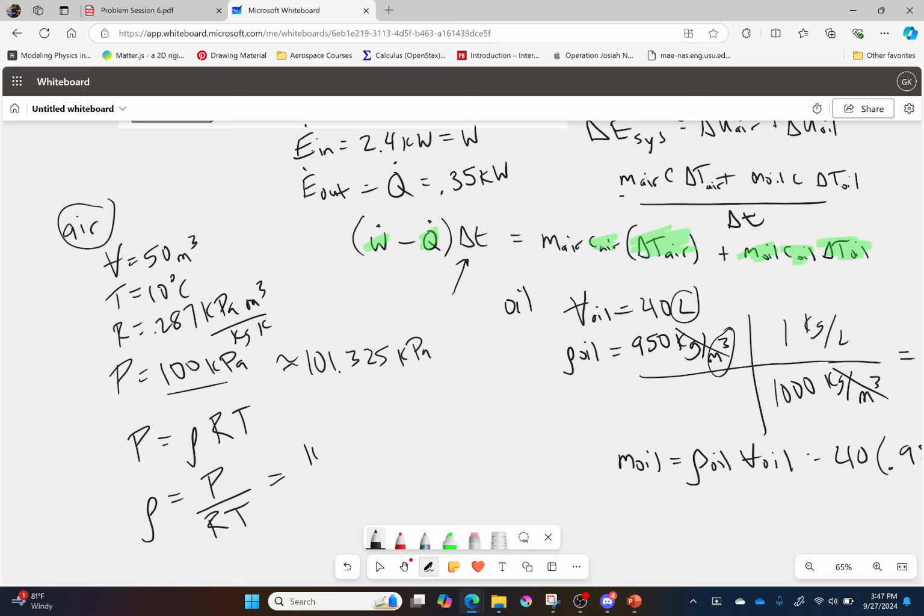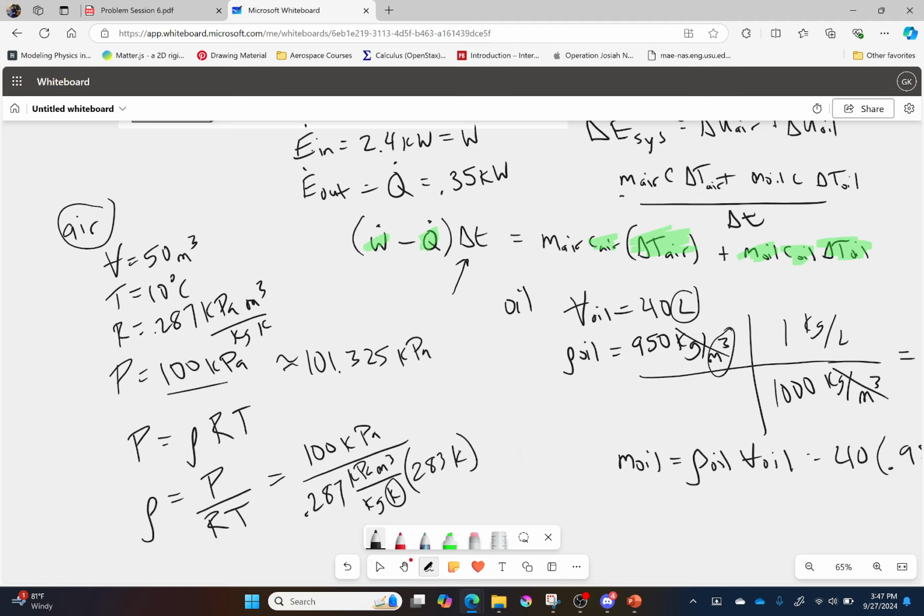That'll be equal to 100 kilopascals over 0.287 kilopascals meter cubed per kilogram Kelvin, times the temperature, which is not 10 degrees Celsius, this is Kelvin, it's 283 Kelvin.